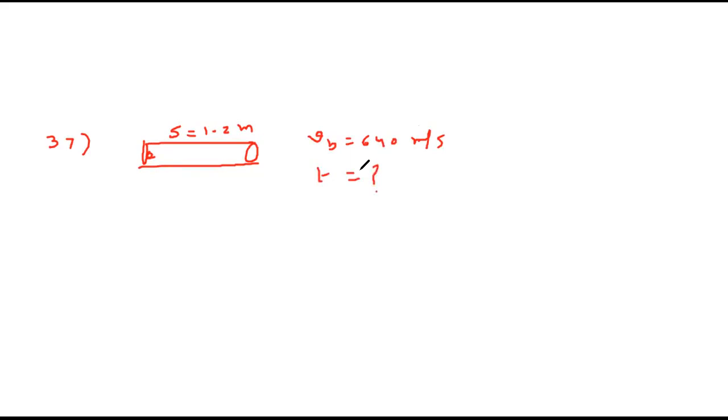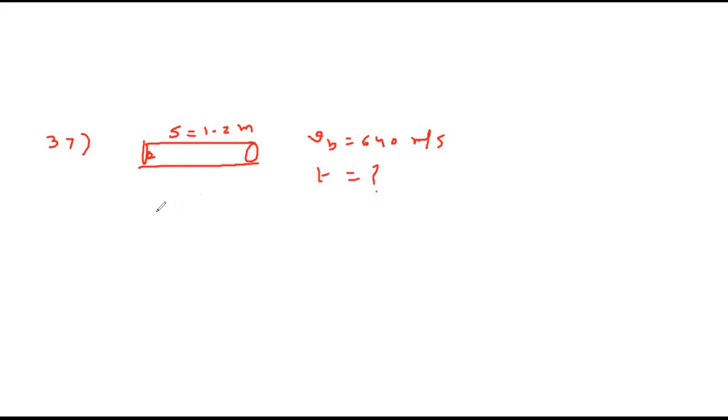The distance covered is 1.2 meter, and the speed of the bullet is 640 meter per second when it emerges out.